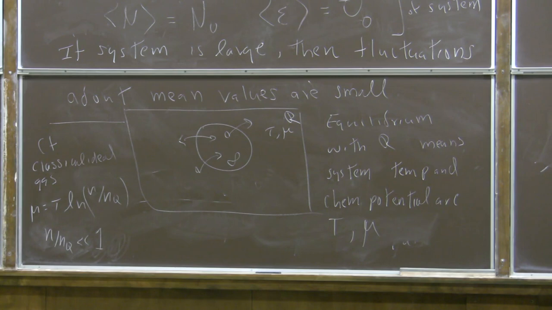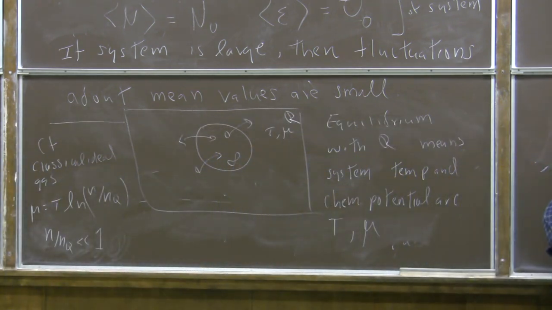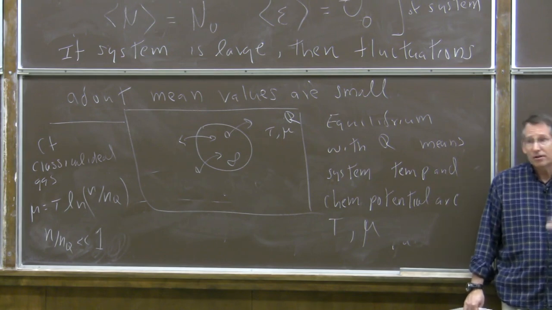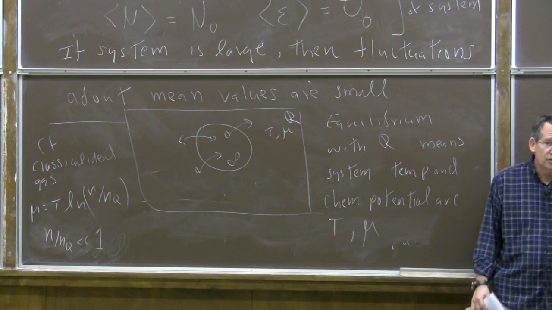The chemical potential is actually negative. Of course, like other cases where you have a scale for energy, you can always adjust it by a constant. It's differences in chemical potential that really matter.